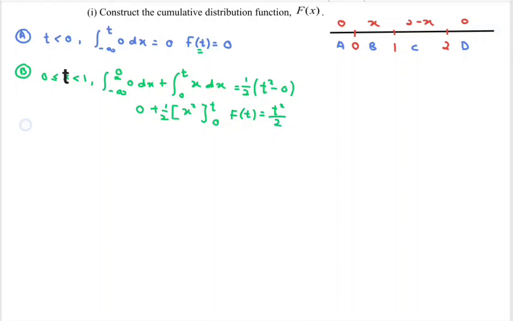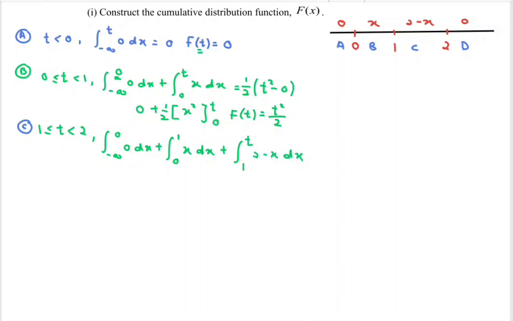Continue. Follow with C. t is greater than or equal to 1 and less than 2. So for the function, we integrate from negative infinity until 0, the function 0 dx, plus integrate from 0 until 1 the function x dx, plus integrate from 1 until t the function 2 minus x dx.